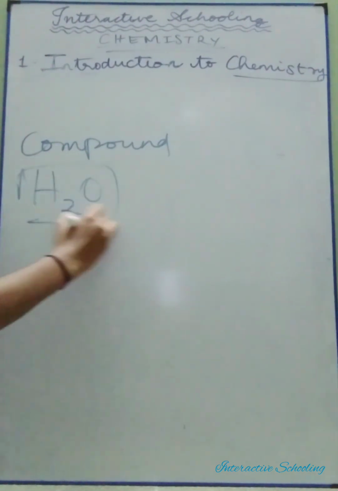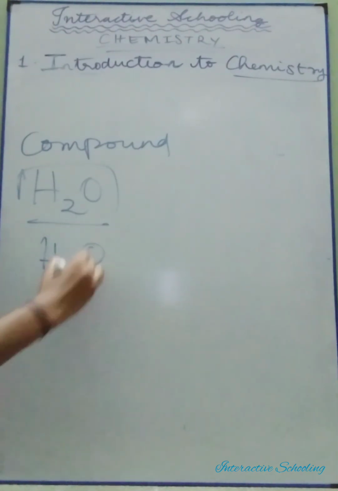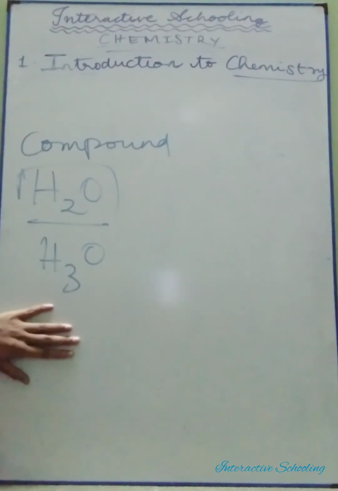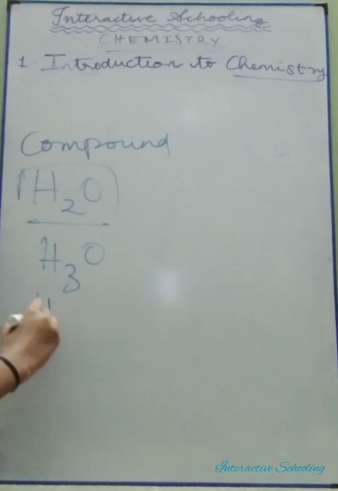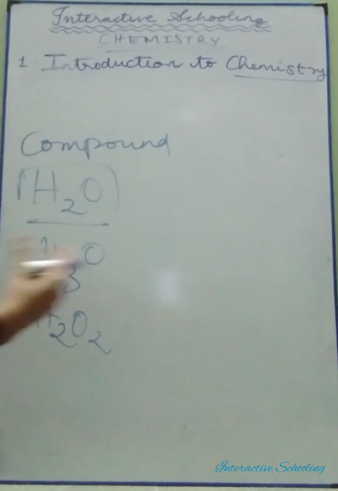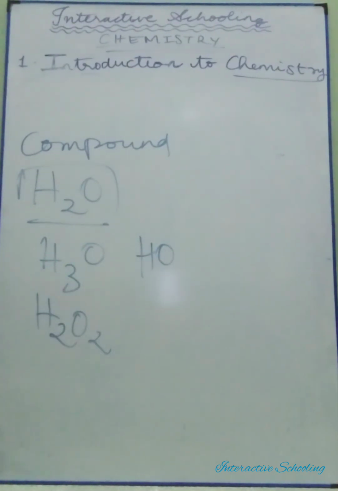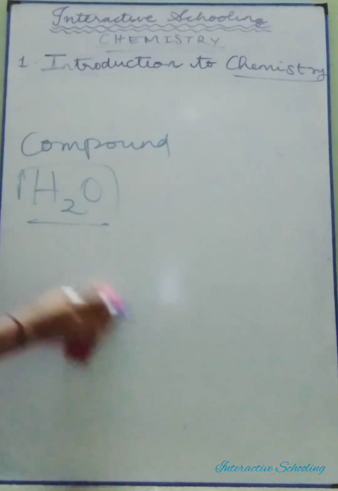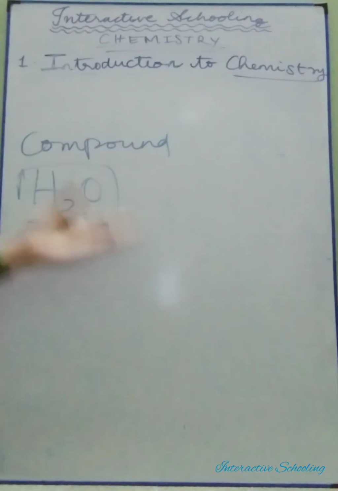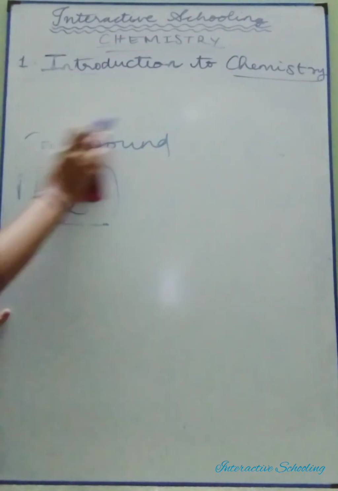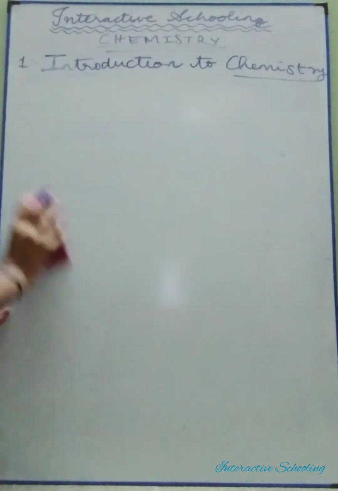This is only water. If you make it H3O, it becomes hydronium. That's a completely different thing. If you make it H2O2, it becomes hydrogen peroxide. If you make it HO, it's hydroxide. So only in a fixed proportion is it water or sodium chloride. So a compound needs a fixed proportion.